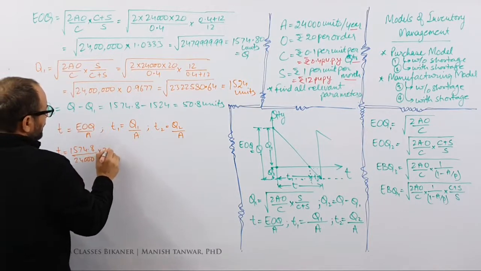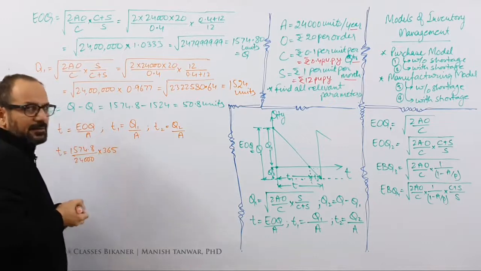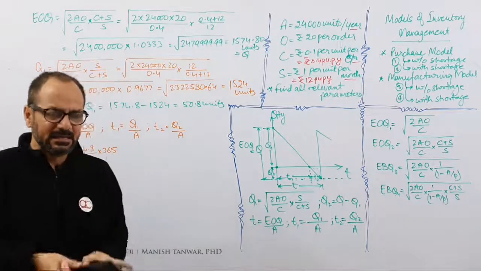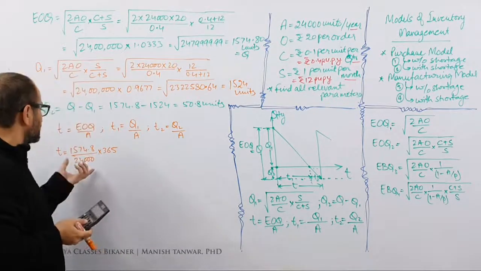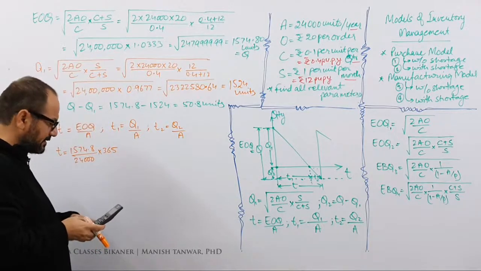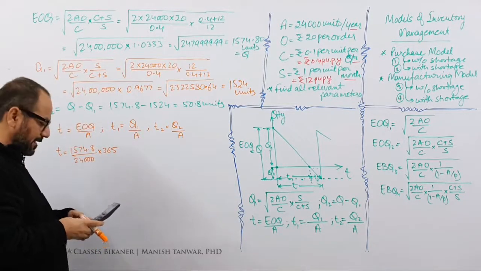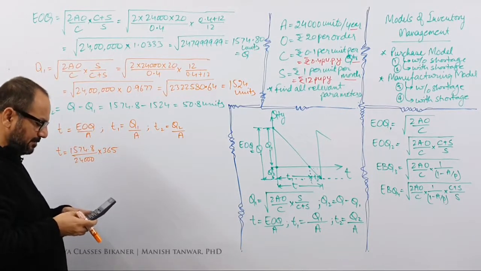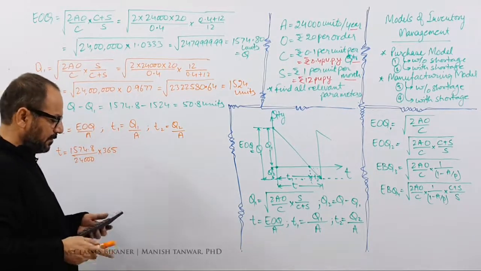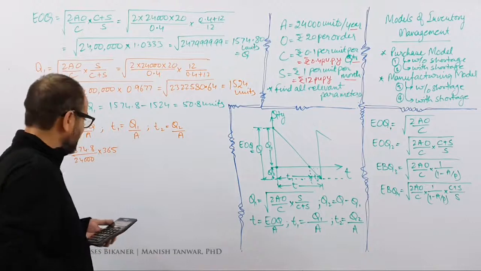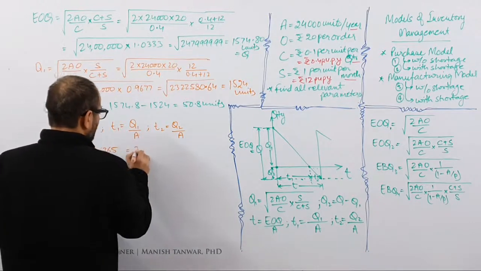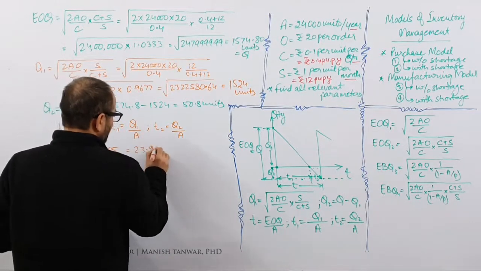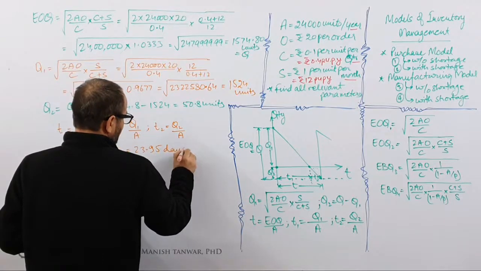Now let me multiply it by 365 directly, because otherwise we'll get years, which is very small and not easily understandable. So we have 1574.8 divided by 24,000 multiplied by 365. We get 23.95 days.